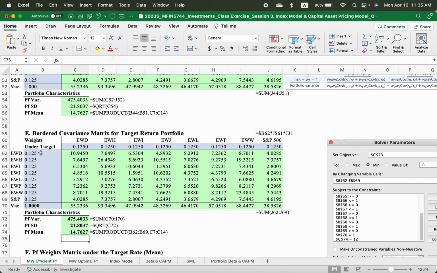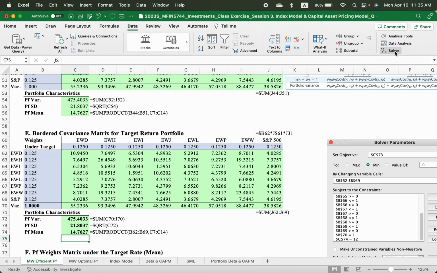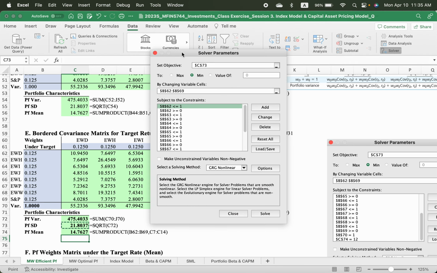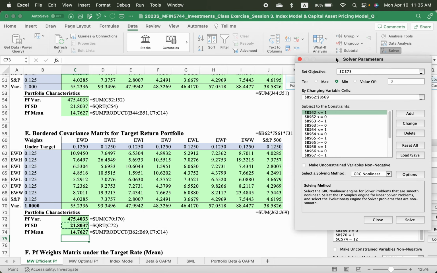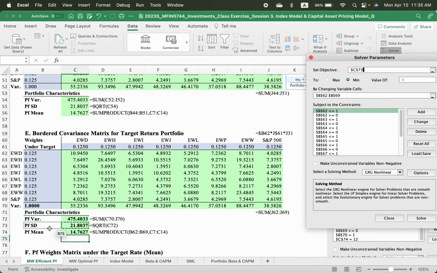So we are using Solver here. Now, what is Solver? On the Data tab, click Solver, and here set the objective, the standard deviation 21, to minimum, right? So I already created the constraint range here, subject to the constraints, which is greater than 0 or 1.